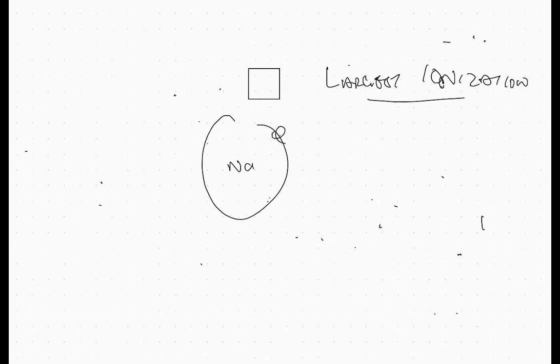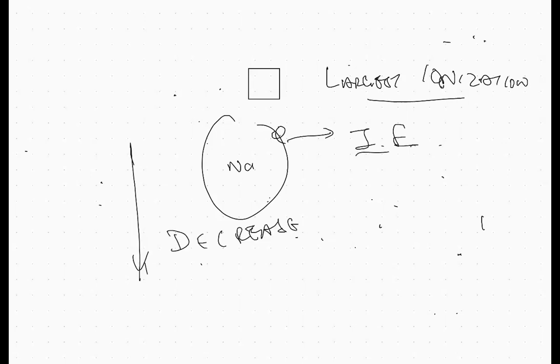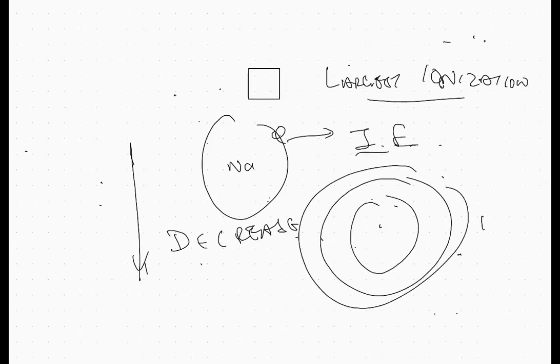Okay, that energy decreases when you go down a group because the more shells are there, the electrons are farther away from the nucleus. Attraction is less. Also, in between these shells there is the shielding effect.